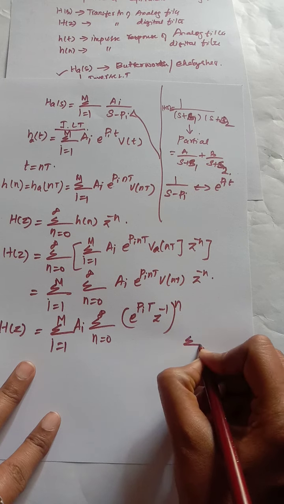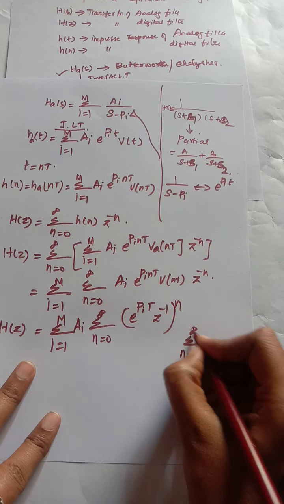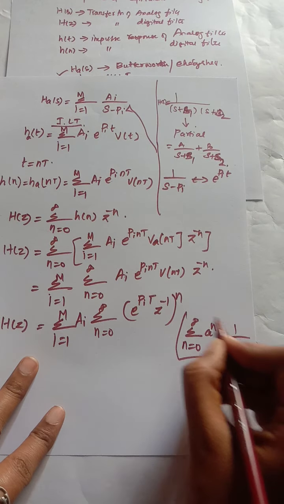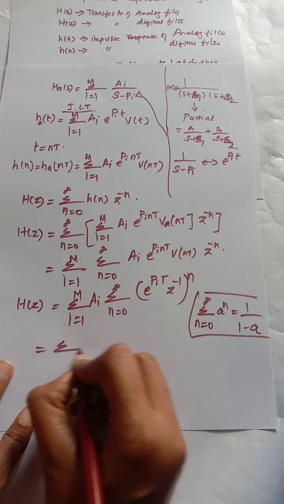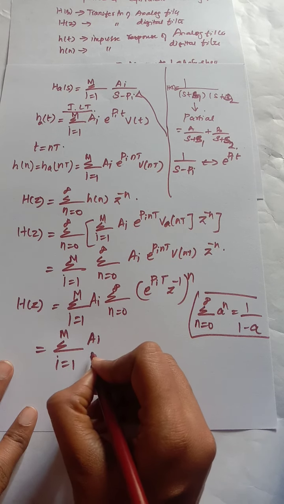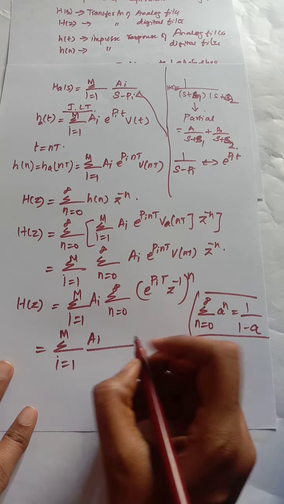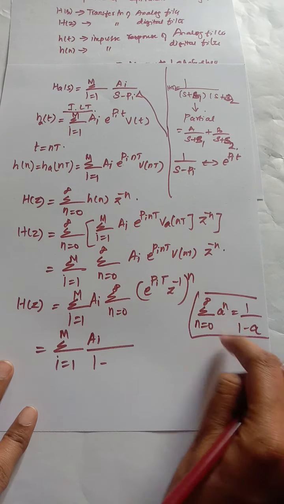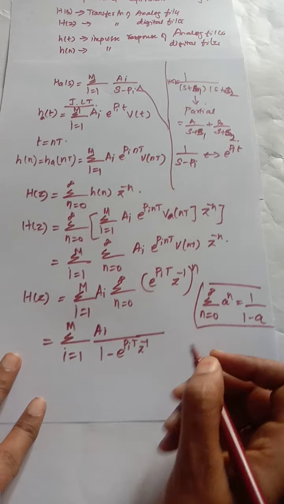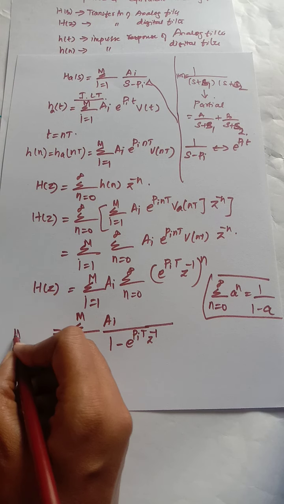The summation n = 0 to infinity of a^n has the formula 1/(1 - a). Applying this formula, the summation i = 1 to M of a_i divided by 1 - e^(p_i T) z^(-1). So this is H(z).